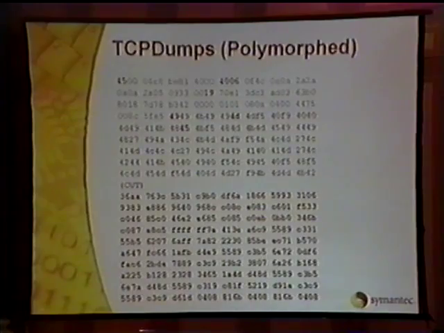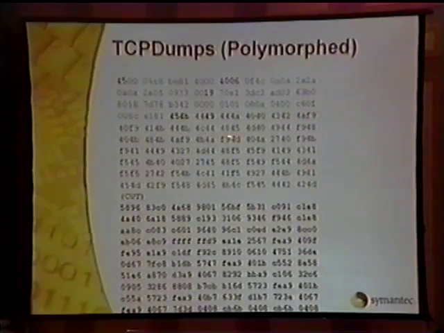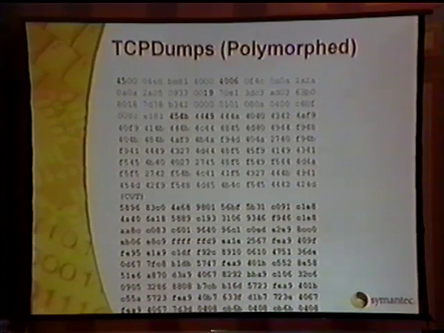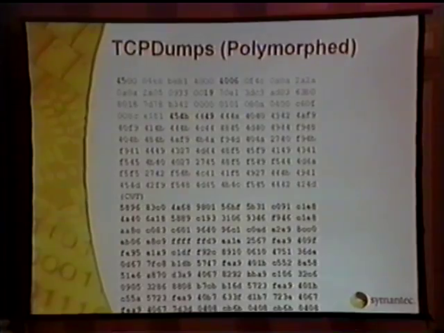And we don't see any similarities to the previous one at all. And it changes with each one. As we see here, it's going to change again. So each time this goes across the wire, it's completely different. That's how it evades pattern matching within IDS.